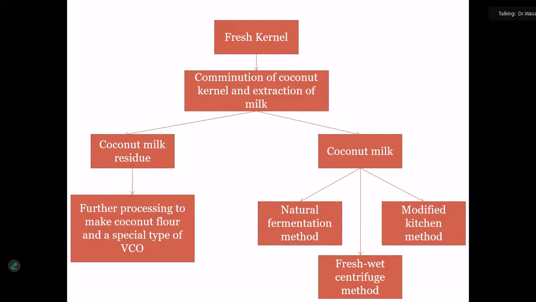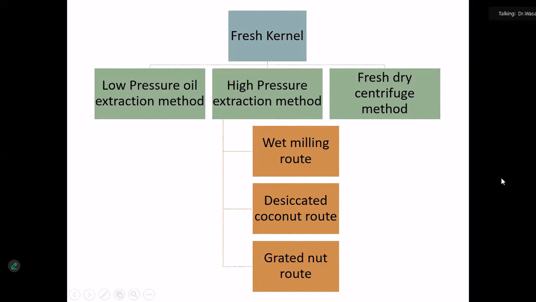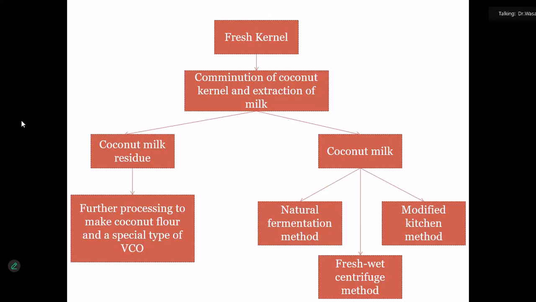The second one, we discussed earlier, fresh dry centrifuge. What I mentioned there? From dry kernel, you make a paste and put it in the centrifuge machine. Like here, you are putting coconut milk, fresh wet, into that machine.